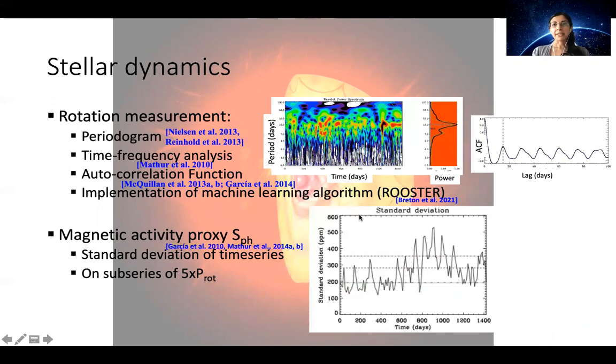And since we are measuring these rotation periods due to active regions that are present on the surface of the stars, we can measure a proxy of the magnetic activity, which we call the Sph, which is the standard deviation of the time series based on subseries of 5 times the rotation period of the star, so that we are sure that we are measuring activity related to active regions.